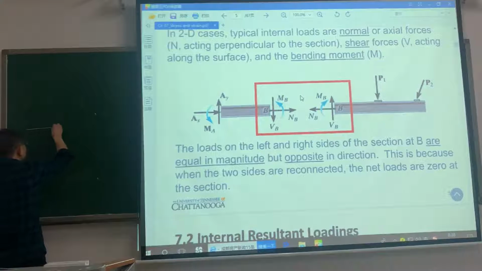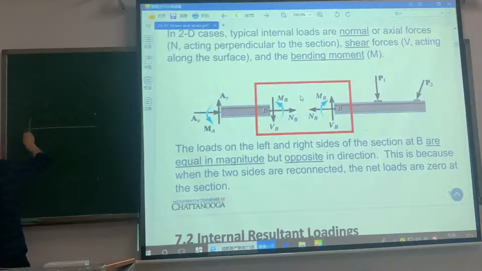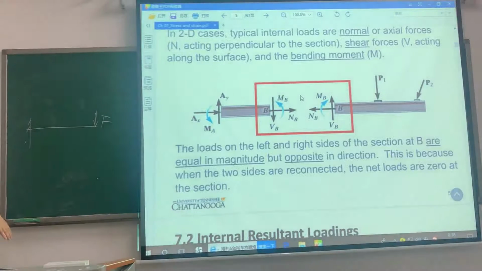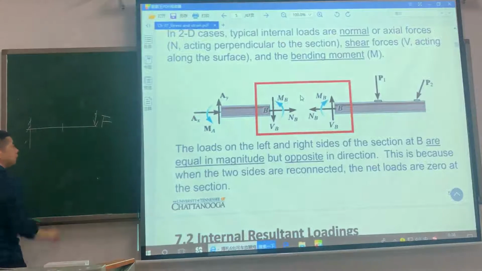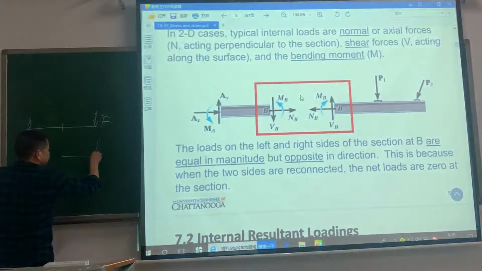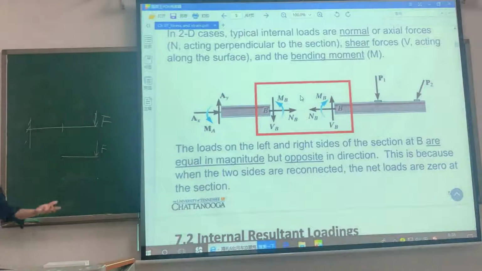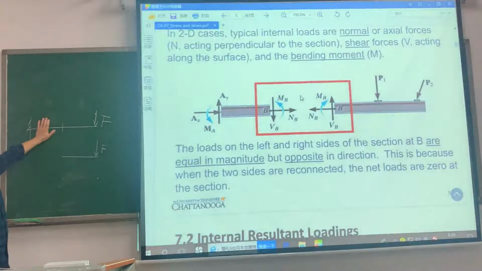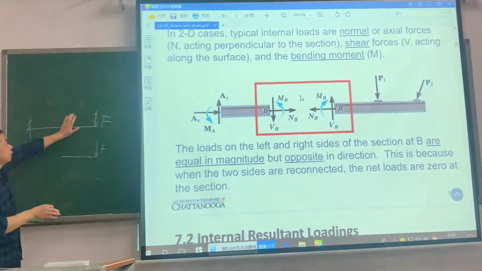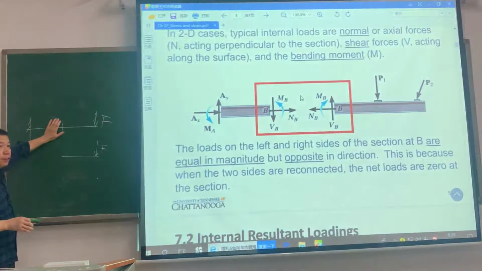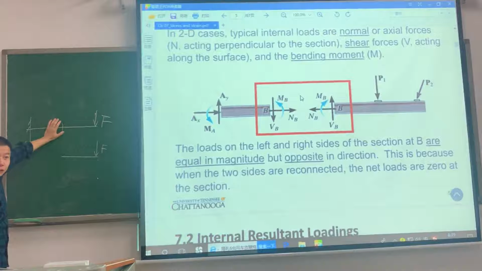Suppose it's a beam, yes or no? We cut it. We have to draw the free body diagram. The other part must exert forces on this part. The forces, we call them internal forces.